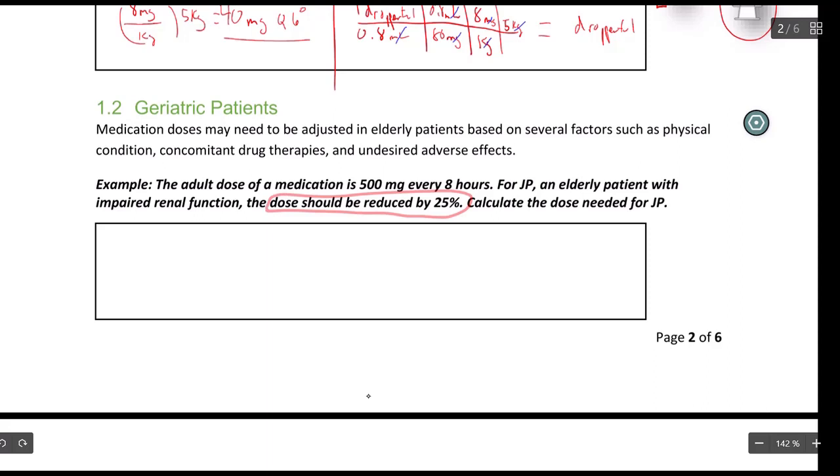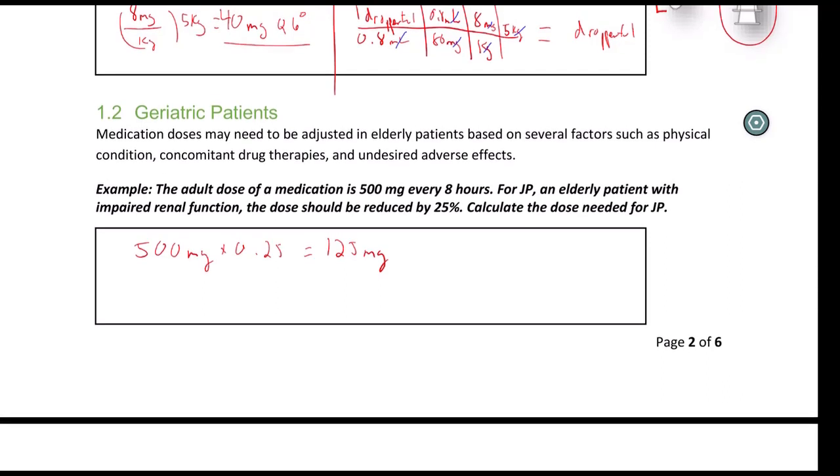So if you want to reduce the dose by 25%, you would simply take the dose, which is 500 milligrams, and multiply it by 0.25. The reduction in dose is going to be 125 milligrams, right?